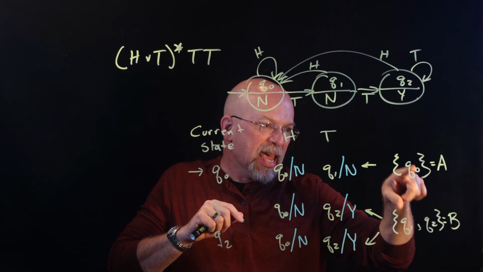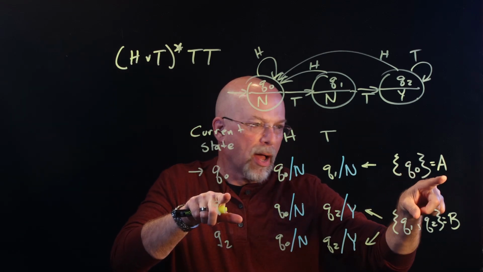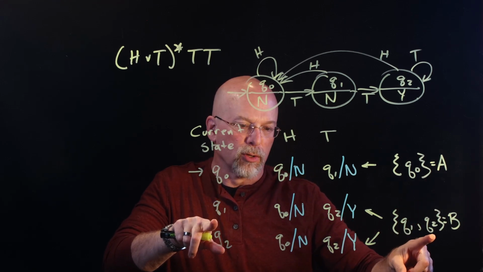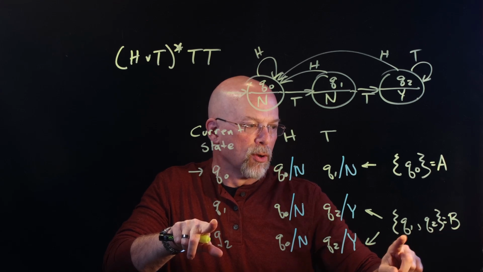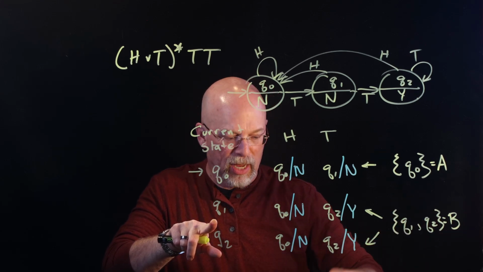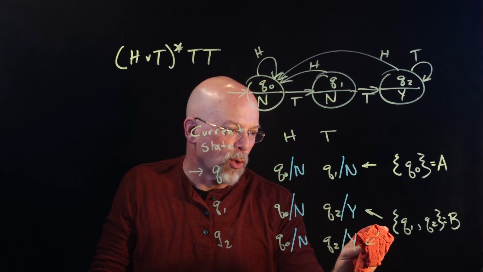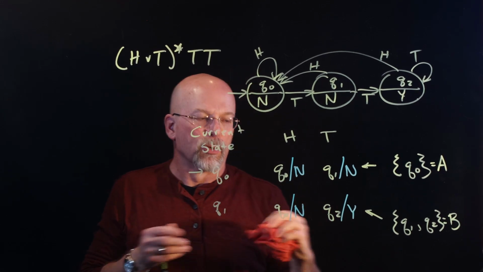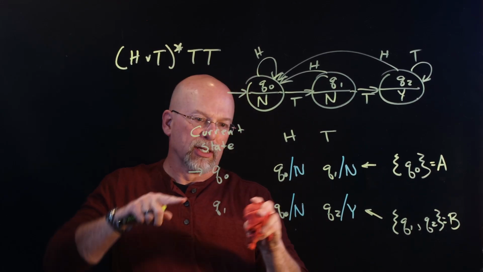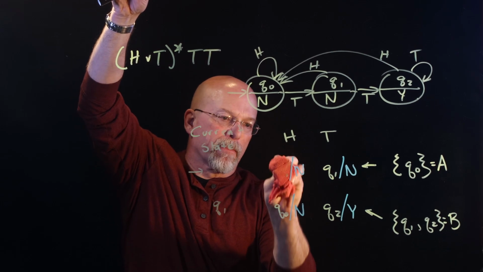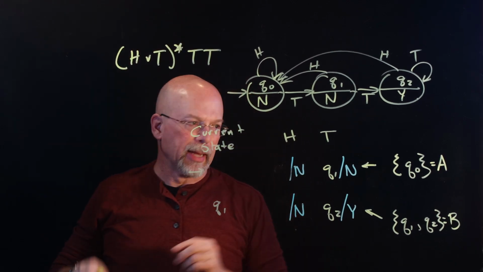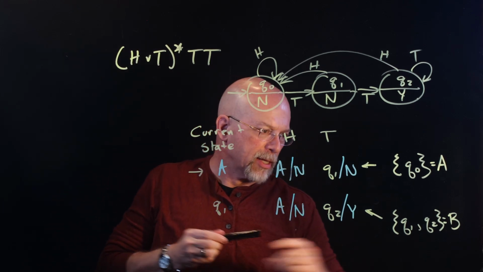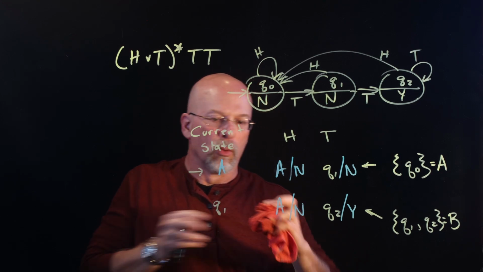Anywhere I see a Q0, I'm going to replace it with A. Anywhere I see a Q1 or a Q2, I'm going to replace it with B. But notice that Q1 and Q2 are in the same set, so I don't even need Q2 any longer. And so now it's just a matter of replacing Q0 with A and replacing Q1 and Q2 with B.